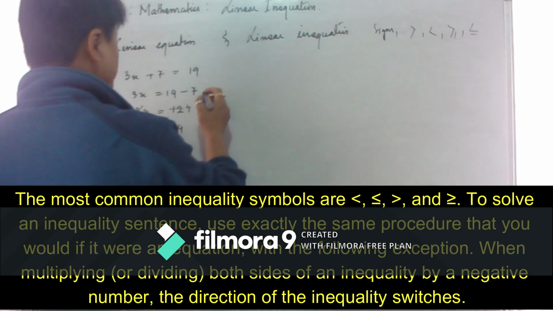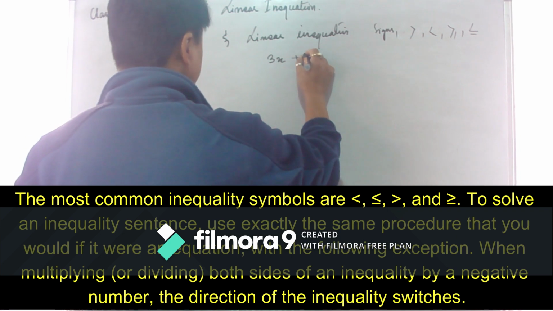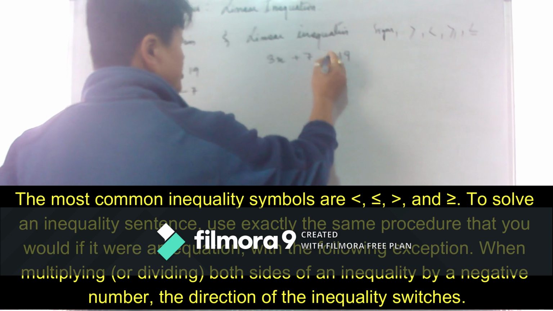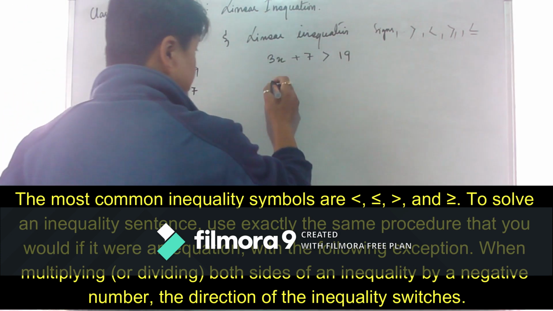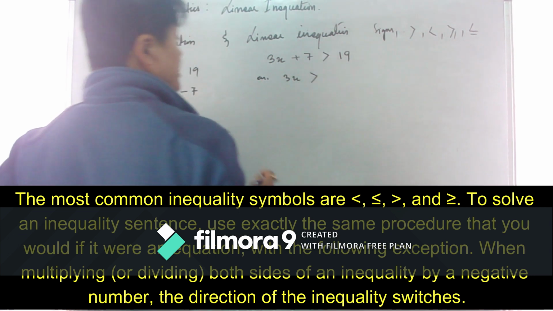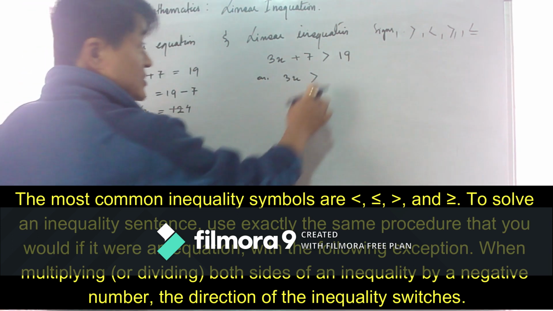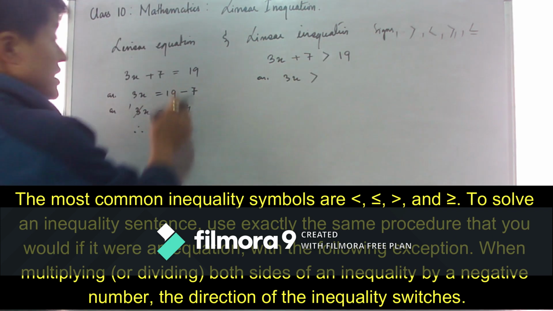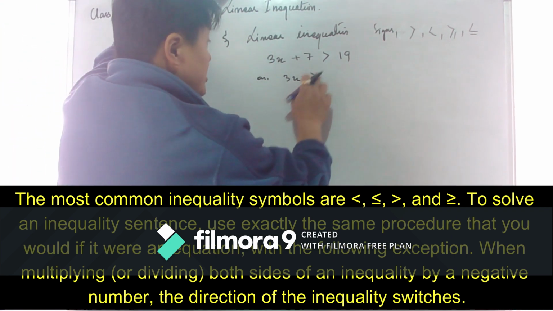The same equation, 3x plus 7 is equal to 19, if in place of equals to I write greater than 19, and I solve it the same way, 3x is greater than 19 minus 7. When we solve this, we just ignore the inequality sign and solve it like a simple equation, so don't get confused with the inequality sign.